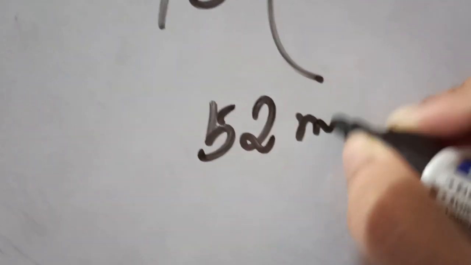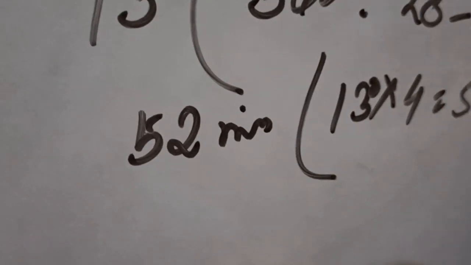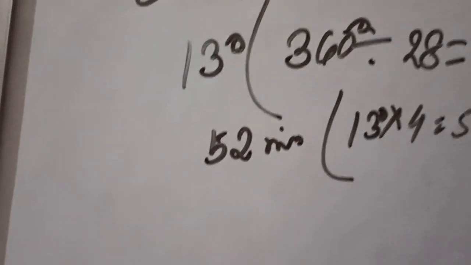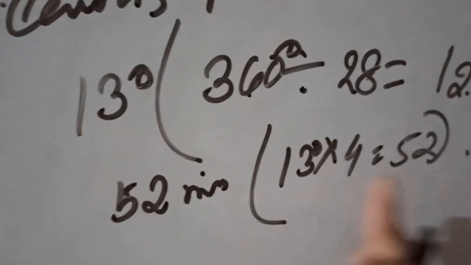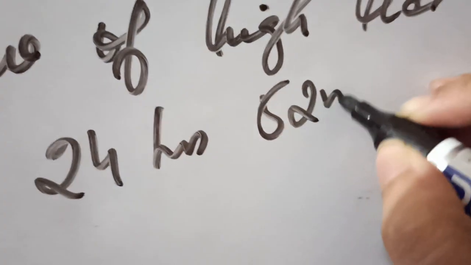is about 52 minutes. How 52 minutes? 13 degrees into 4 comes to 52 minutes to reach that place. For this the time of the high tide changes every day, and the interval between the corresponding high tides is about 24 hours 52 minutes.